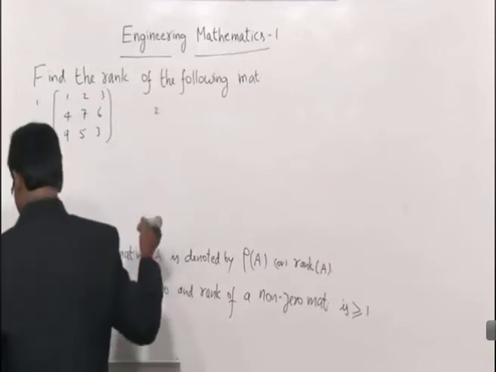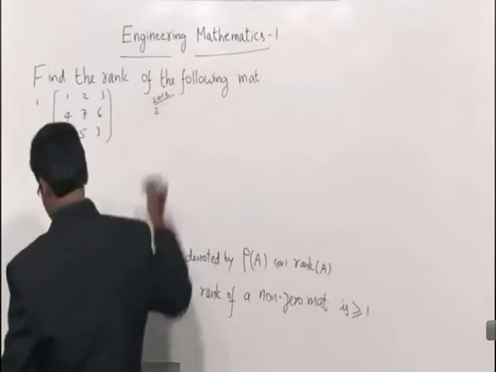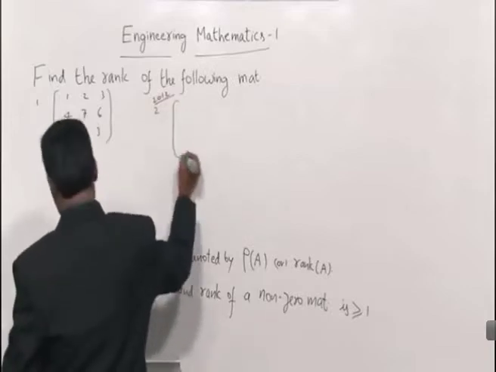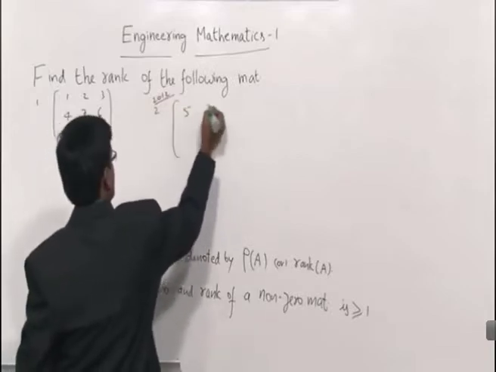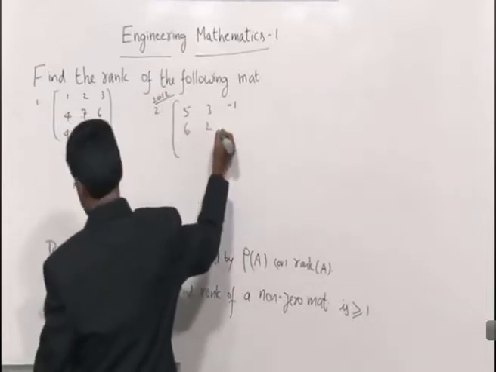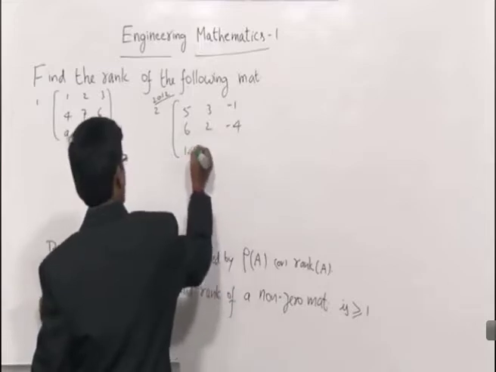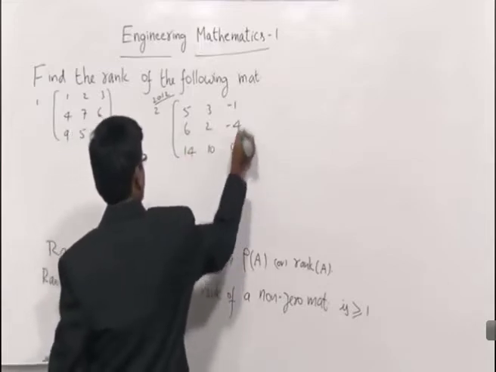Second example, which is given in GATE 2012: 5, 3, minus 1; 6, 2, minus 4; 14, 10, 0.